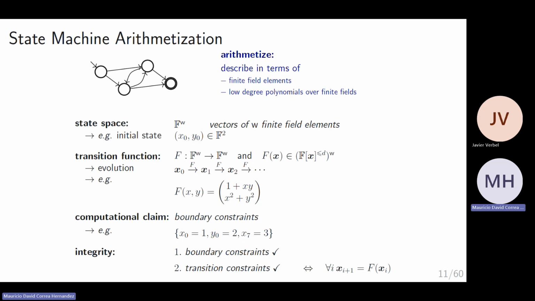So this transition function sends the first state to the second state to the third, and so on, all the way down to the last. And if all of those transitions are true and the boundary constraints are satisfied, then the claim is true. That's how we define computational integrity.